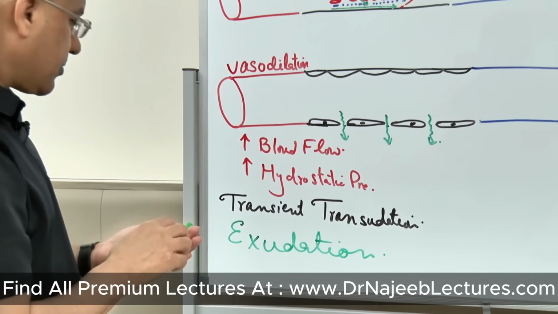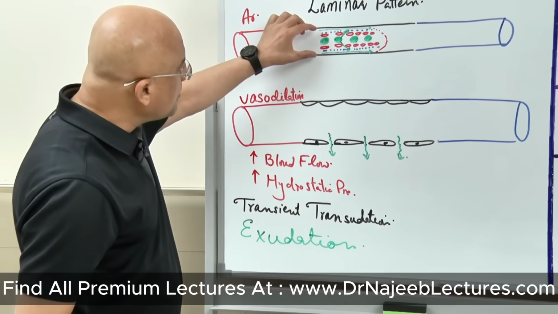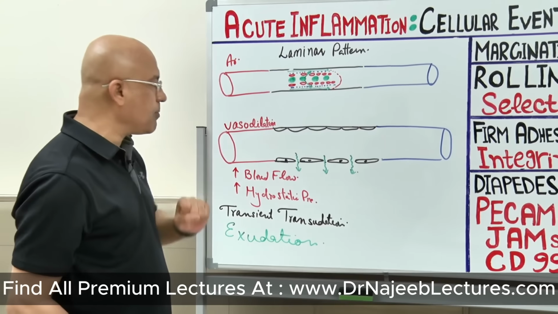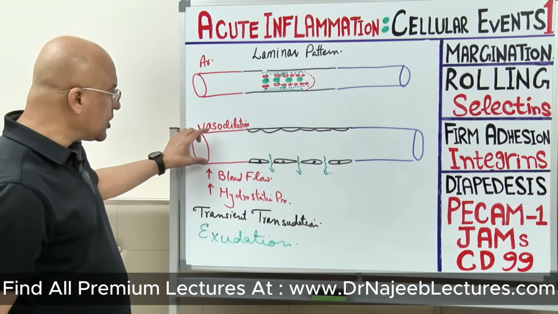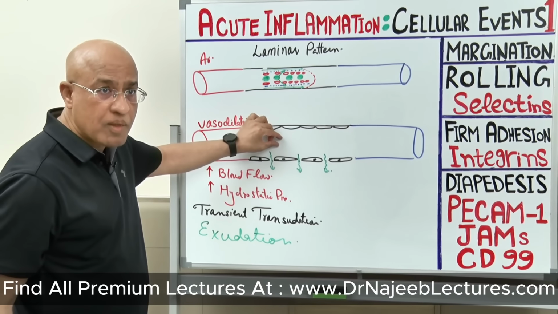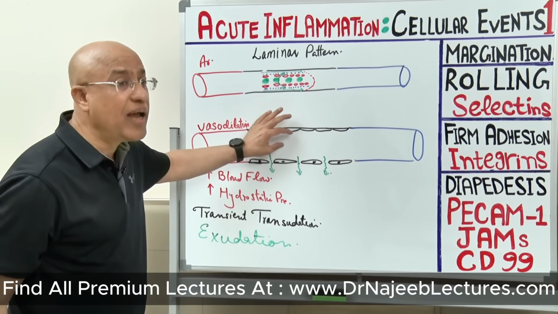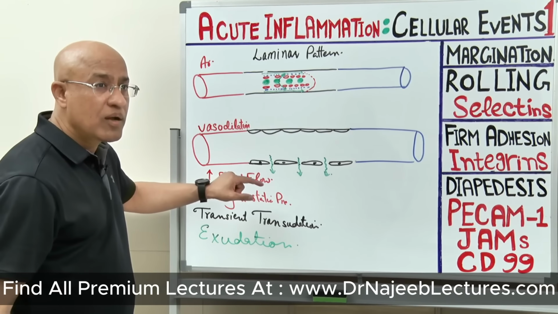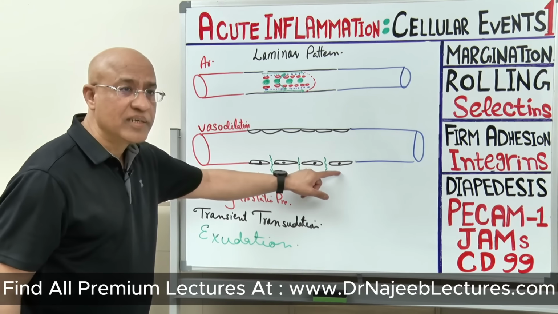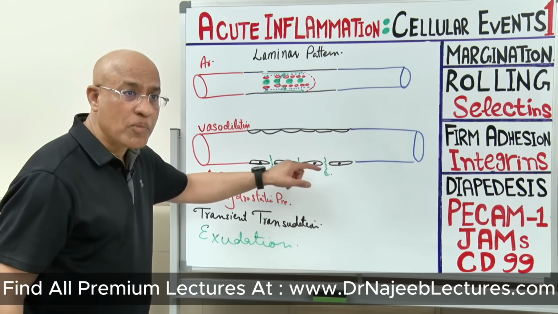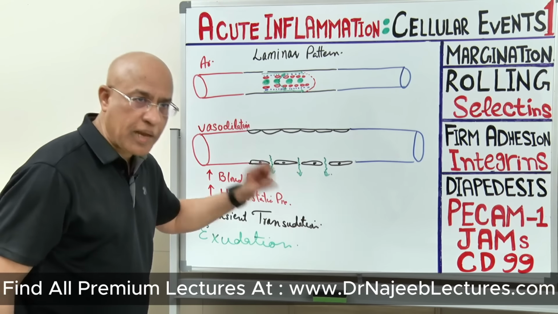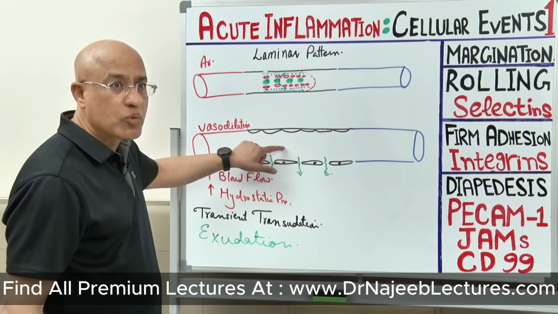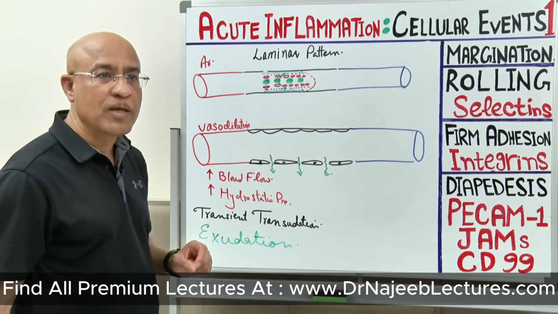Now you see, in healthy tissue, blood is moving in a laminar fashion. But here what has happened? Due to vasodilation, more blood has come here, and due to increased permeability, protein rich fluid has escaped, but all the cells are still within the vascular compartment.